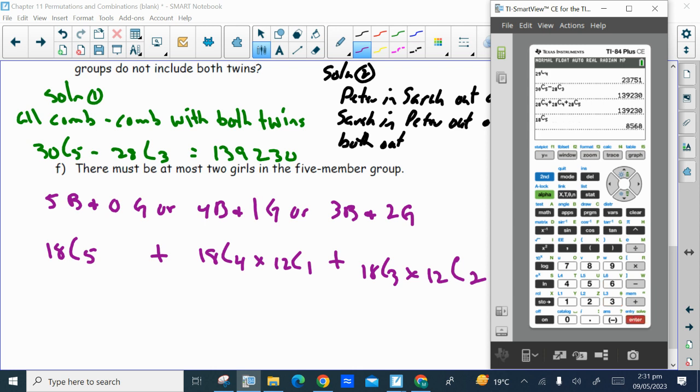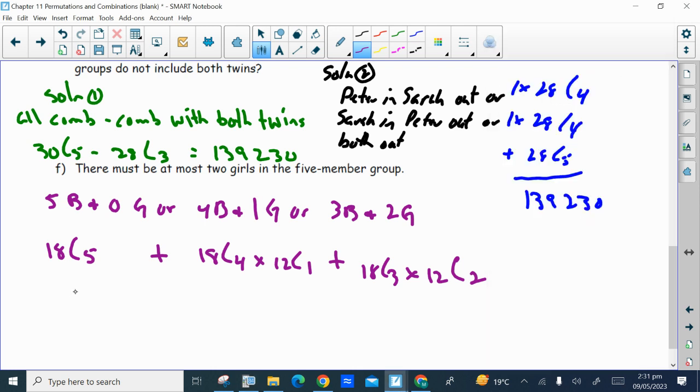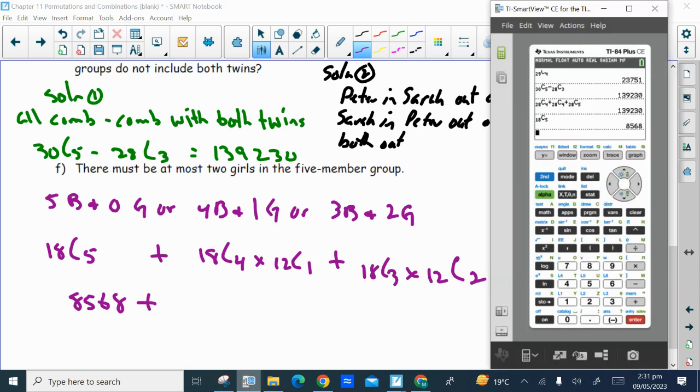18C5 is 8568. Plus, I'm going to store that into memory slot A. Now I'll do 18C4 times 12C1, which is 36,720.